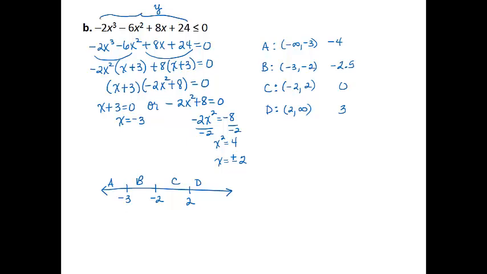Instead of replacing x with each of those numbers and solving that expression, what I want to do is think about the end behavior of this function. This is an odd degree function, and it has a negative leading coefficient. So without even picking up my calculator, I know the end behavior.